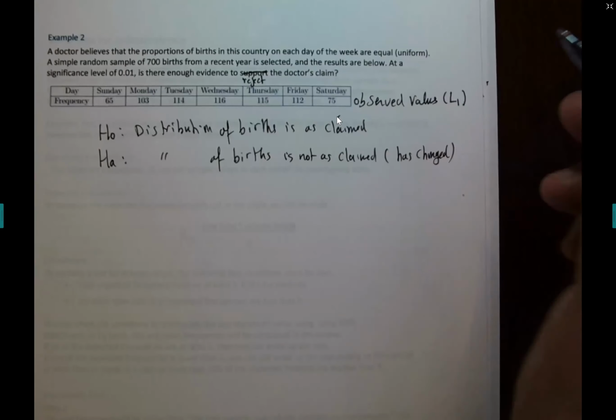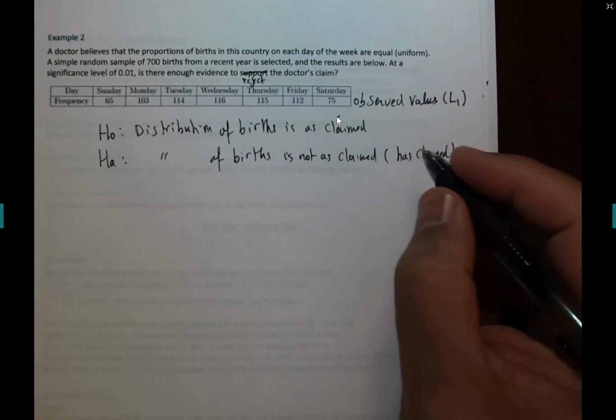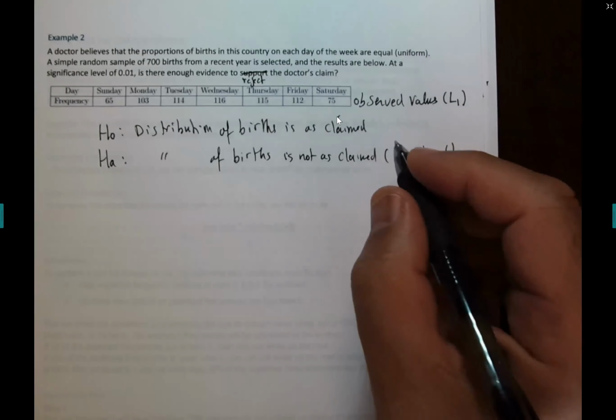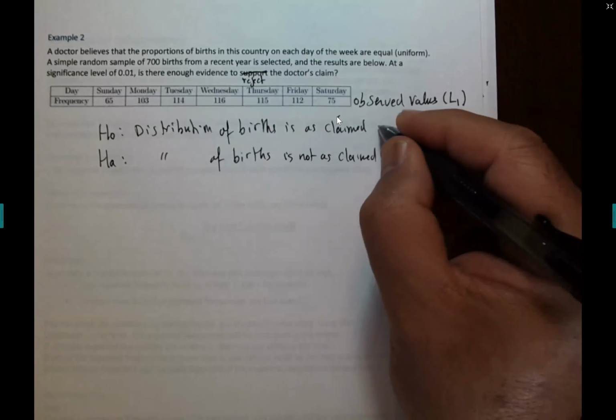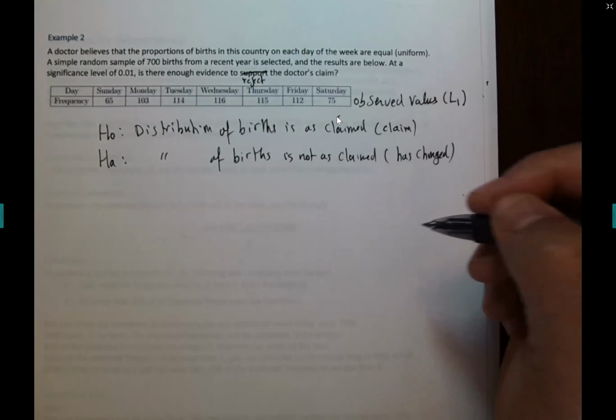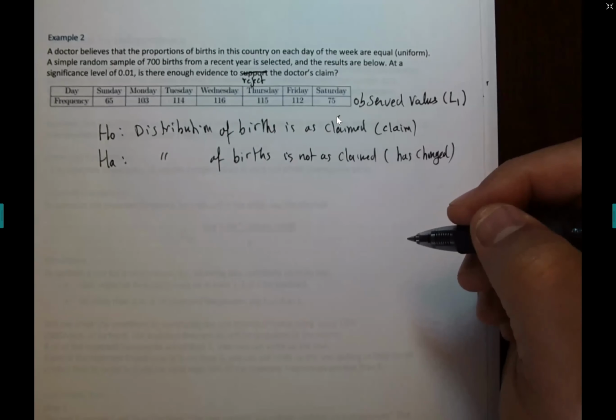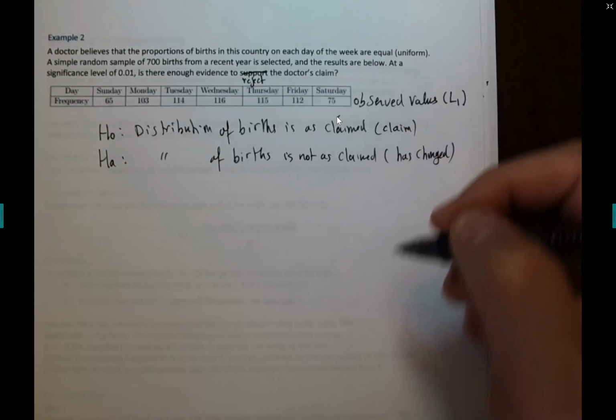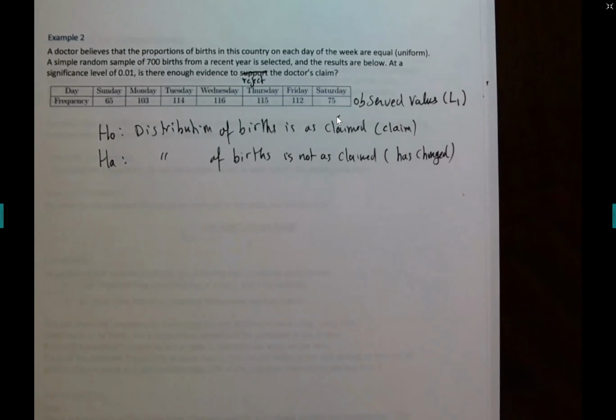So that was a mistake from my side here, or actually probably the book's side, because I copy and pasted this. I won't ask you if you can support or not support the claim if it is not in HA. If it is in H0, we usually ask, can you reject the claim? So you know right away that the claim is in H0.